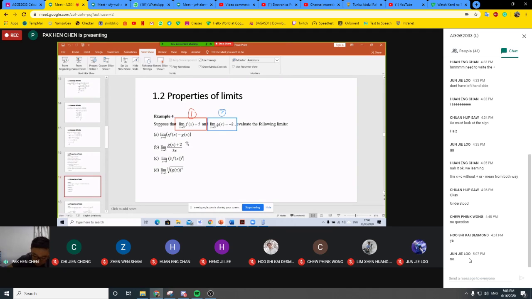For the first question, we will try to split them into this format: limit of f(x) minus limit as x approaches 3 of g(x). You see that or not? Then only we start to find their limits separately.